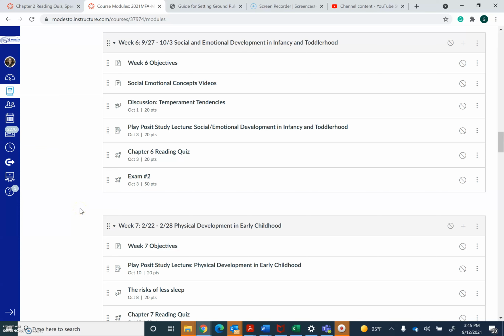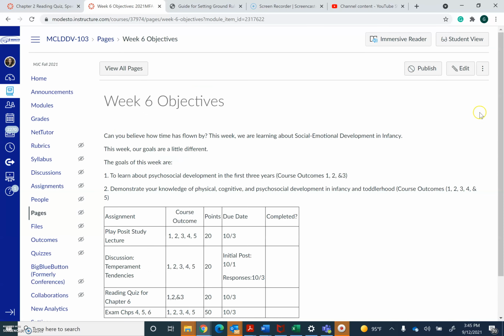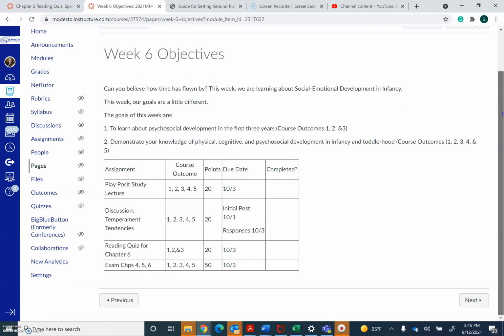We're going to wrap up infancy and toddlerhood this week, and we're going to focus on social and emotional development of infancy and toddlerhood. So let's look at this week's objectives and assignments, and then we'll go through each one specifically. So the first assignment you're going to see is your Play Pause It study lecture.